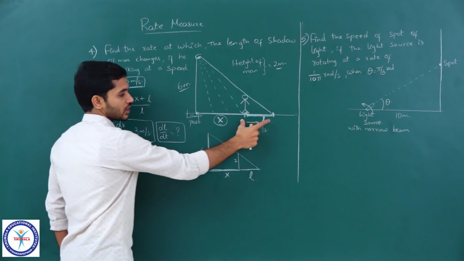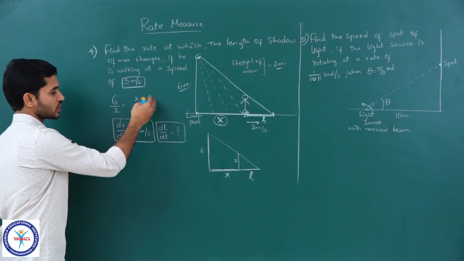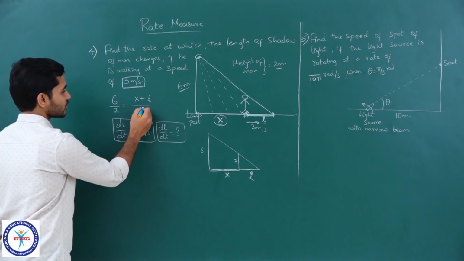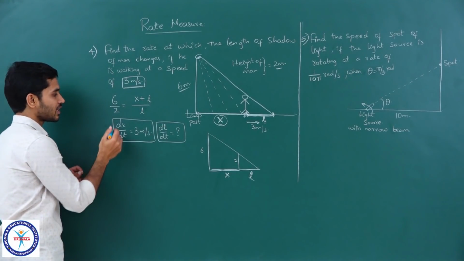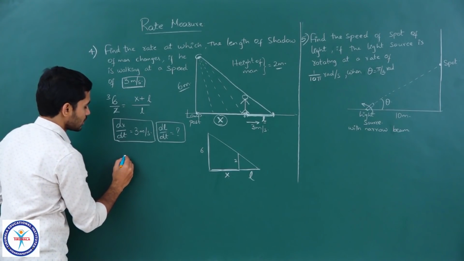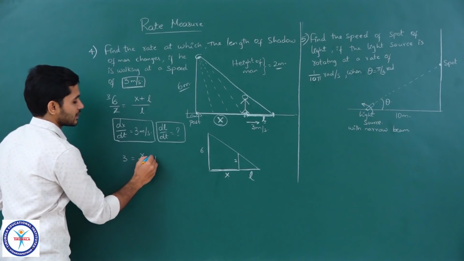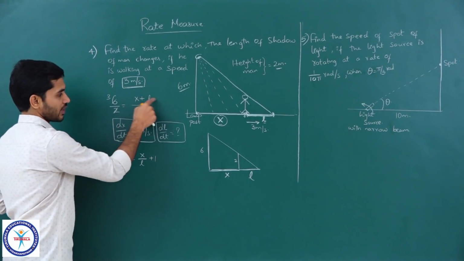Clear, students? So this is the speed of the man, which is the rate of change in x, and we need to find out the rate of change in L. So now what is the idea? We just need to differentiate this expression. So let us simplify this further and establish a simple relation. So 2 1s and 2 3s. So I will be getting 3 is equal to x by L plus 1, correct? I have divided this.